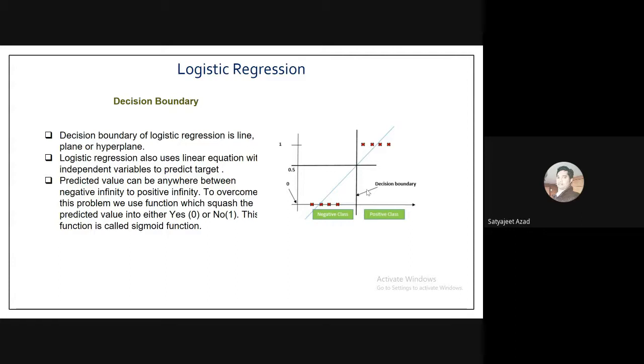How are you going to do that? There will be some kind of threshold, some boundary where you will stop and say no, you are not going to give a loan to this person. And there should be some logic, so that is why you take help of the decision boundary. The decision boundary in logistic regression is very important. It is basically a line.